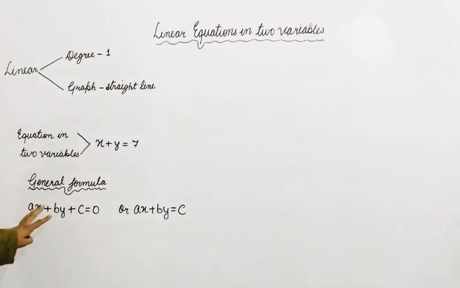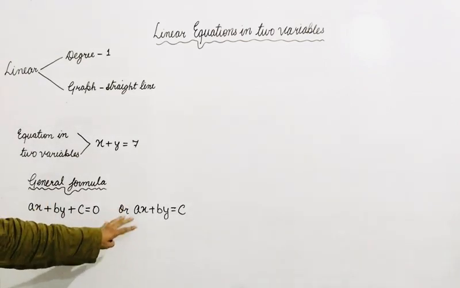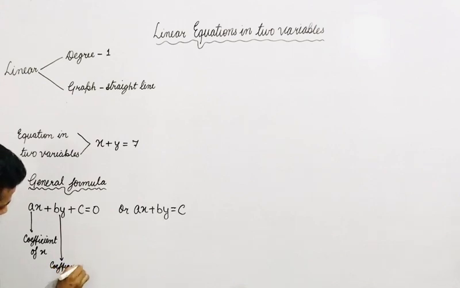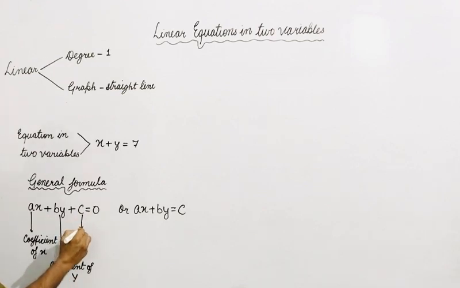These are the general formulas of a linear equation in two variables, where a is the coefficient of x, b is the coefficient of y, and c is the constant.